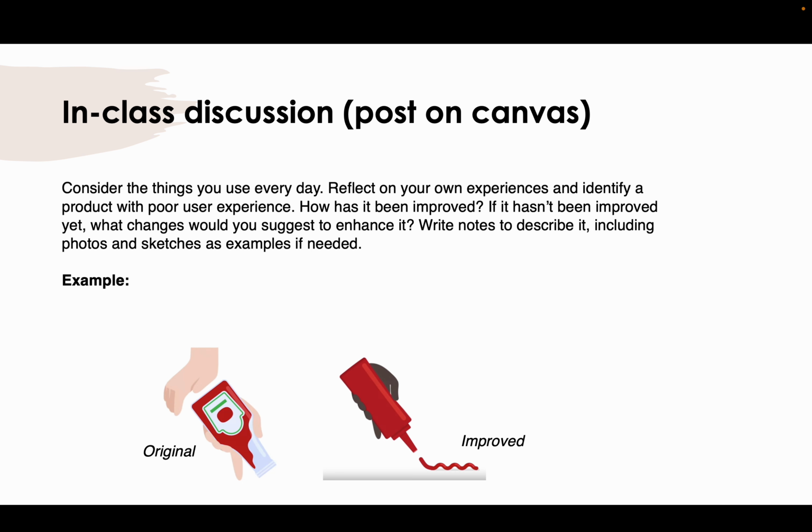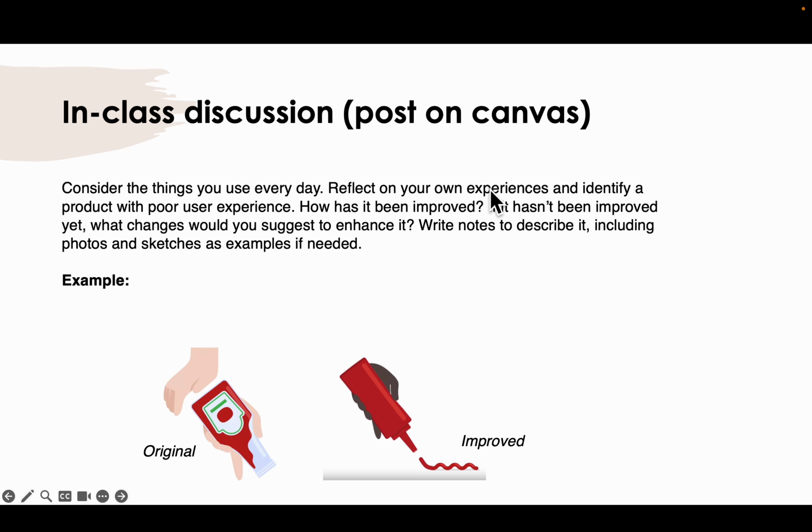It brings you frustration, right? And you are going to talk about how it has been improved. But if it hasn't been improved yet, you will talk about what changes you would suggest to enhance it, right? Try to find a better solution for it.